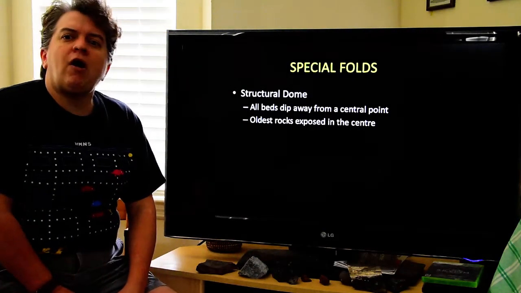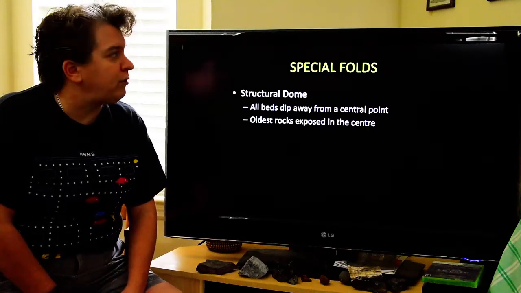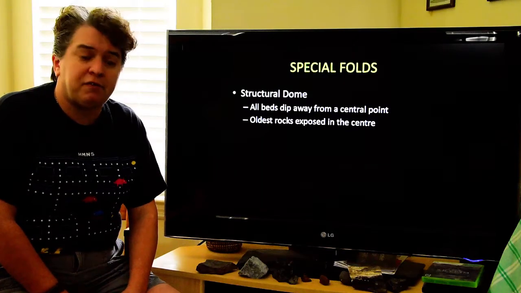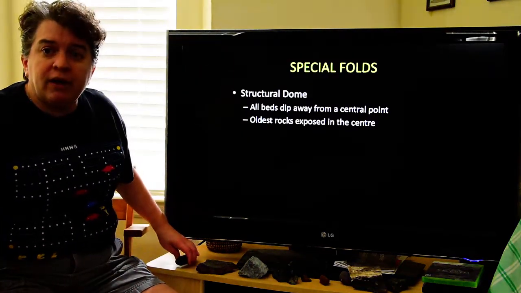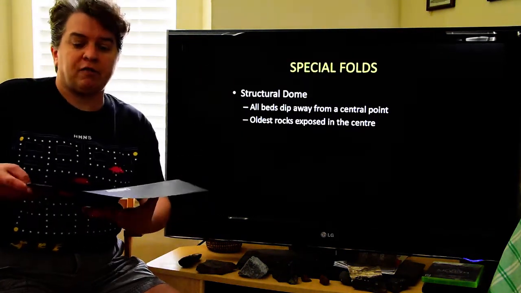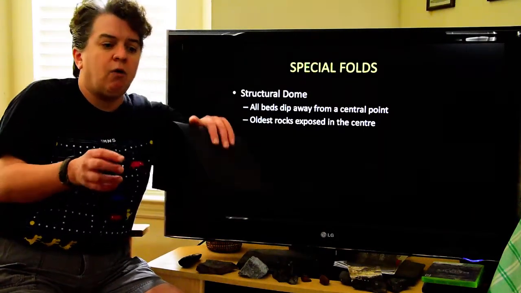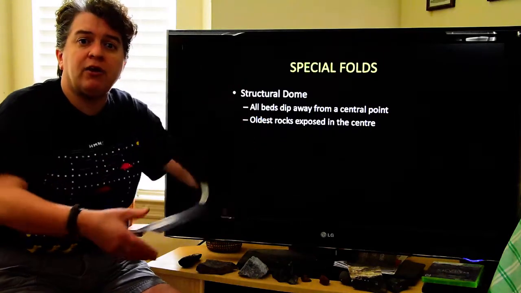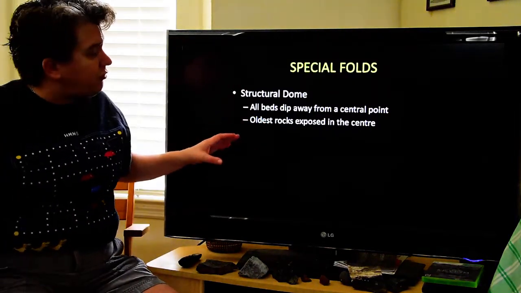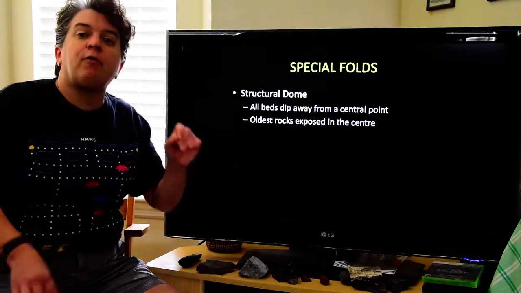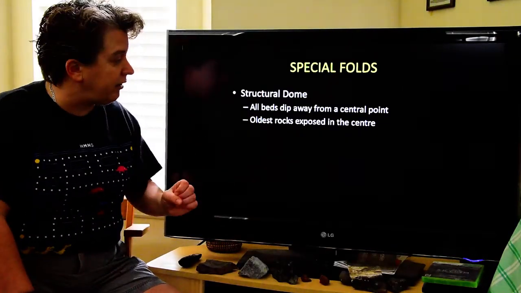Now, two very special types of folds are structural domes and structural basins. In all of the previous folds, the rocks either dip towards the hinge line or away from the hinge line. In a structural dome, all of the layers of rock dip away from a point, not a line.